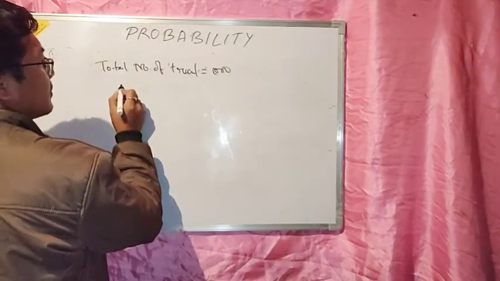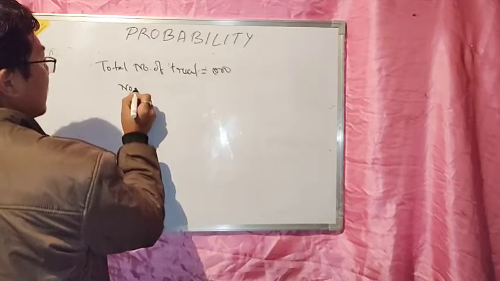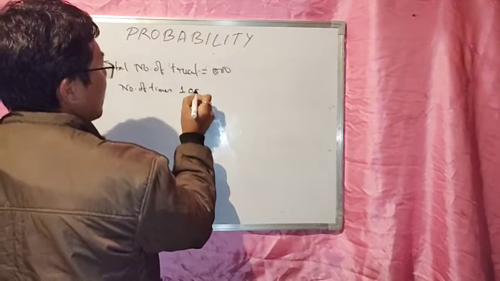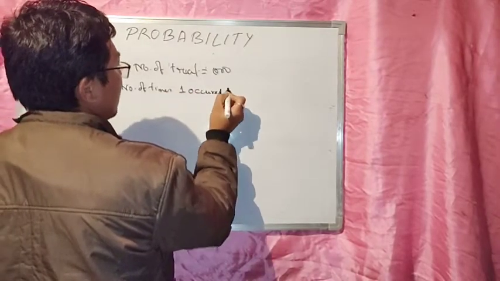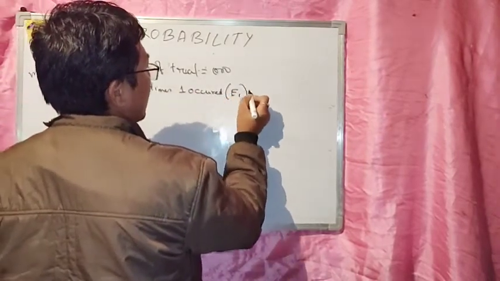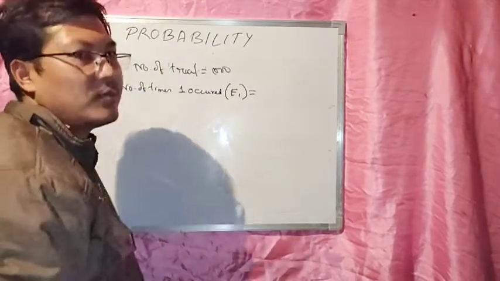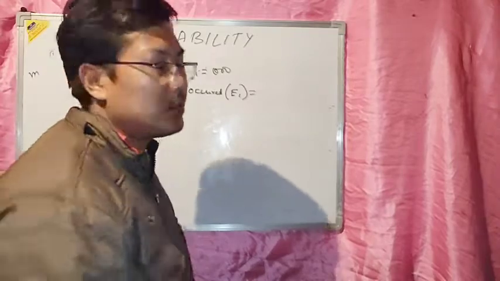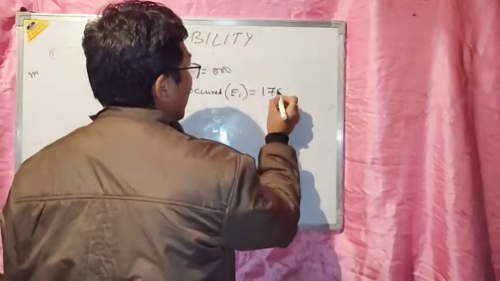Here, the number of times 1 occurred, or you can say E1, is 179.